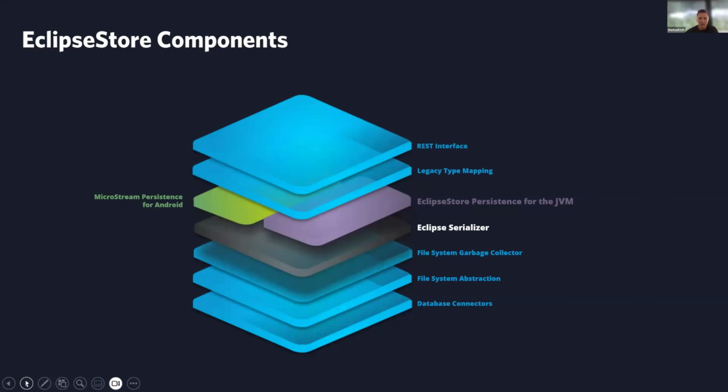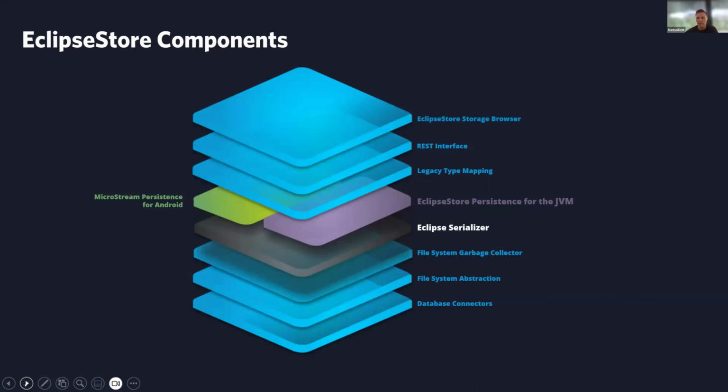We provide a REST interface that allows you to browse through the data inside the storage. And we also have a graphical user interface where we can browse through your storage. But keep in mind, this is not an administration tool. It is not built for changing the storage data, because you would destroy your database.